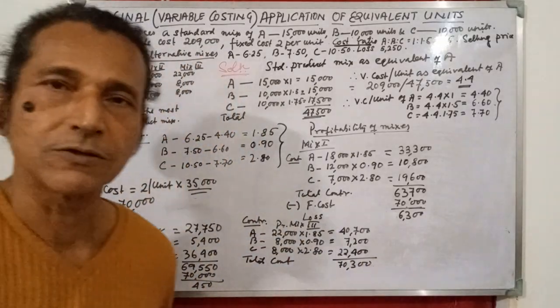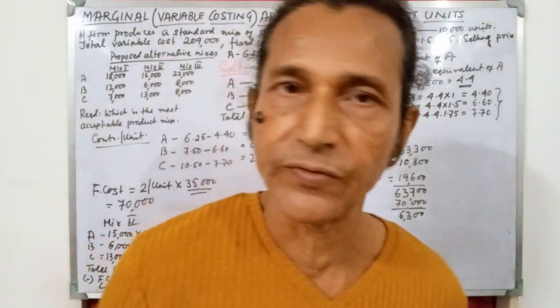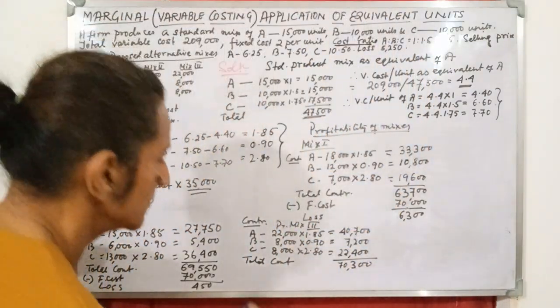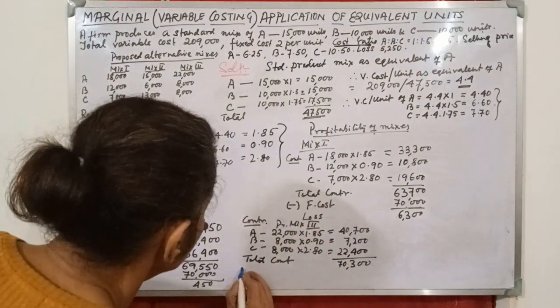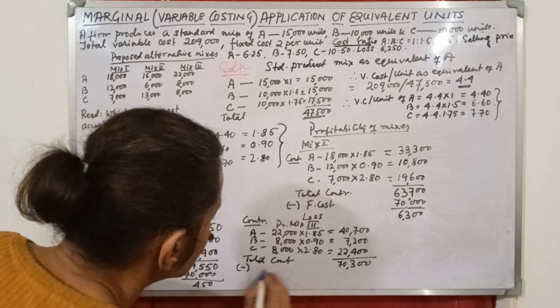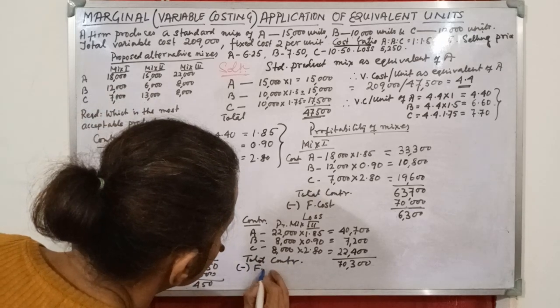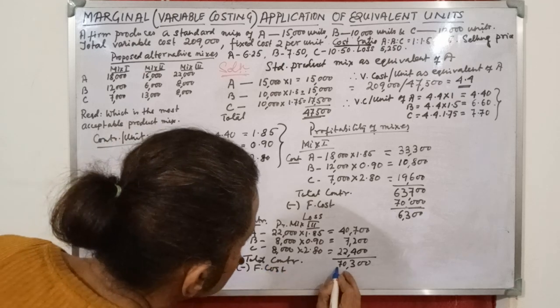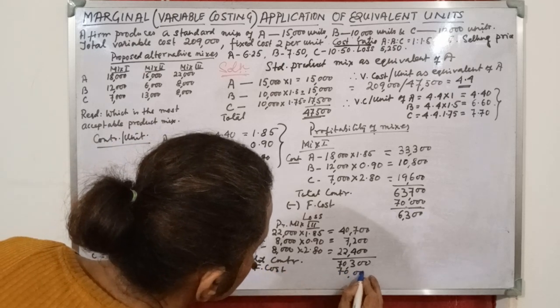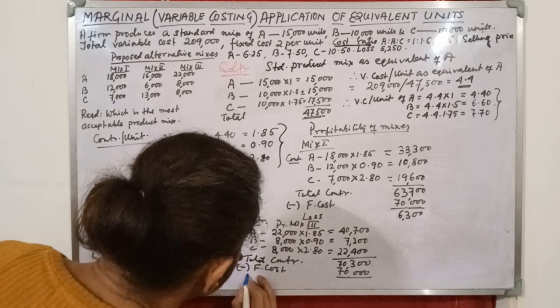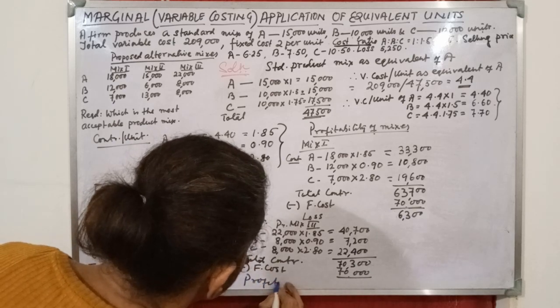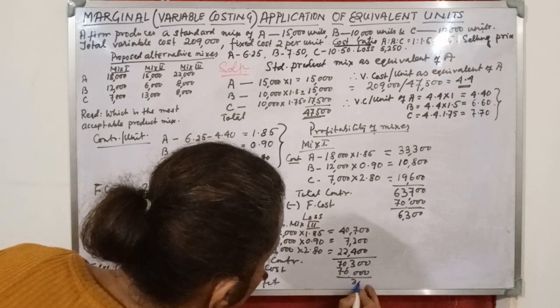Now from total contribution we deduct the total fixed cost of 70,000 to find out the profit. This gives a profit of 300.